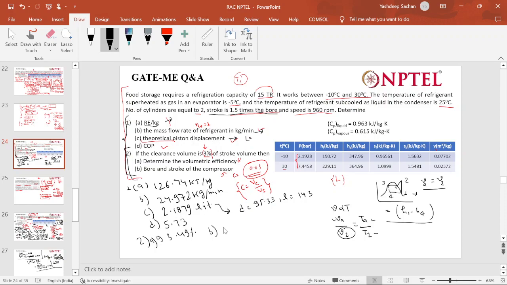Have you calculated? 95.18. Here the diameter is coming 97.56 mm, and length is 146.34. Okay, just try it. If it is not matching, 2 or 3 mm is okay here and there. Up to 5 mm is also okay, but after that, if it is coming like 10 mm of difference, then you have to see.